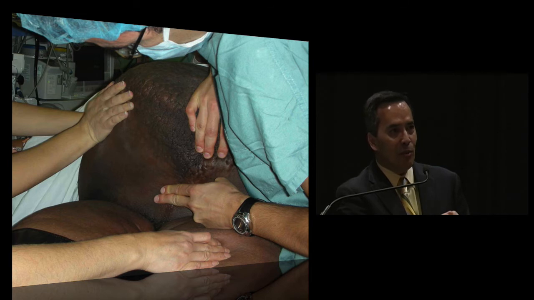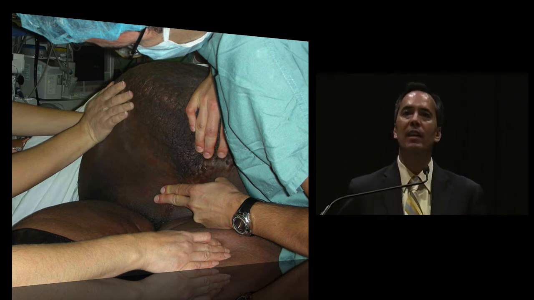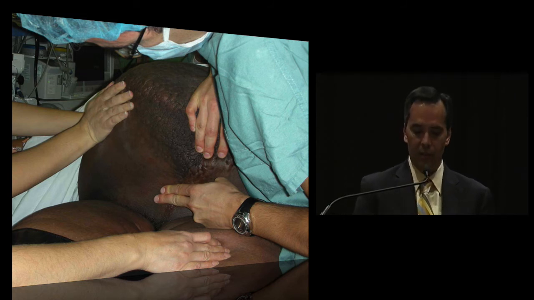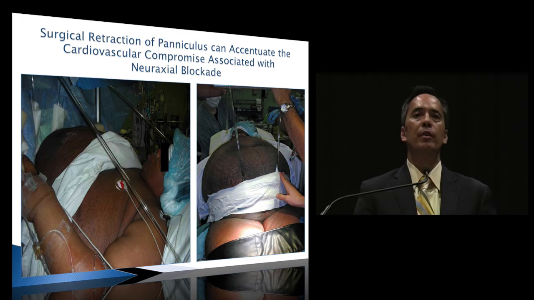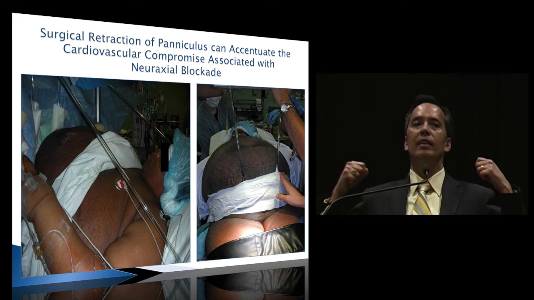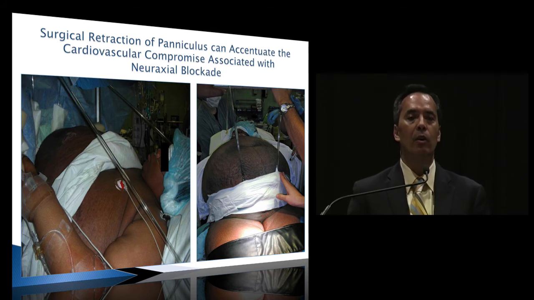You can see the seroma drainage right here, and having the retraction so that you can make a Pfannenstiel incision is almost difficult. Other problems: you can look here at the retraction devices trying to keep it open, and that can compromise and accentuate the cardiovascular problems associated with the neuraxial blockade.